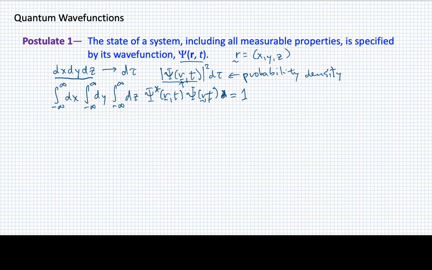A shorthand way of writing this same thing is to say from minus infinity to infinity, and we'll assume that this is over all the coordinates. If I take the square magnitude of my wave function, integrated over all those coordinates, which I'm denoting by tau, this would equal 1. But you need to understand that when we use tau here, we don't have just a single integral. At the minimum, if I have a particle, I'm going to have at least 3 integrals implied by this particular notation.